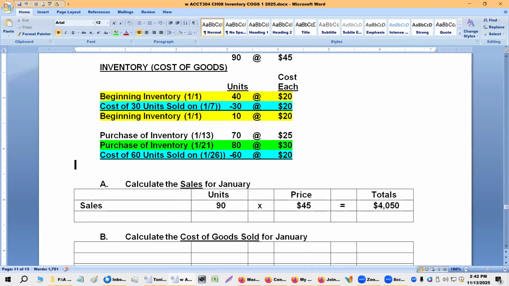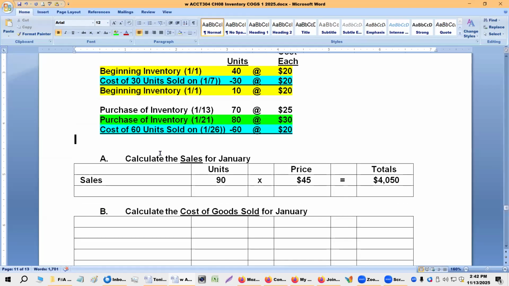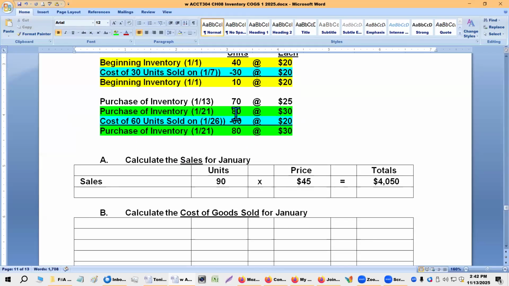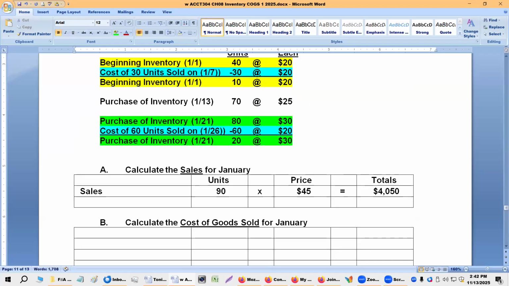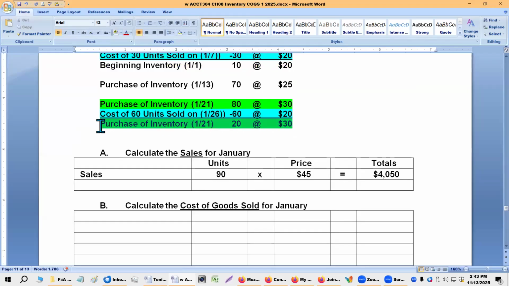What's left in this layer? $20. Why does this look confusing? Okay, I'll take these off. So this is what's left in our inventory, the ones that are not highlighted.